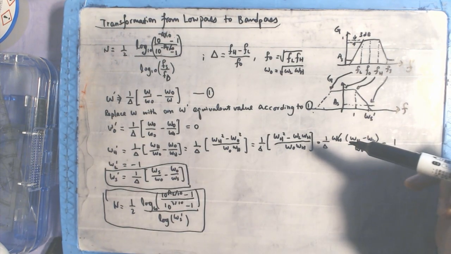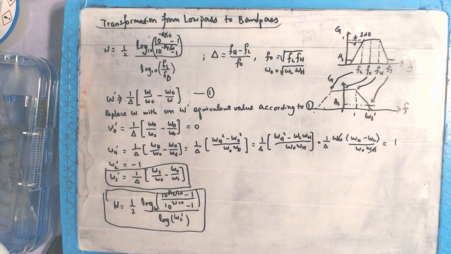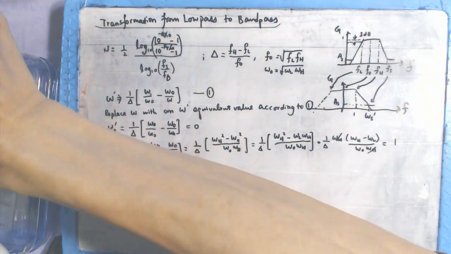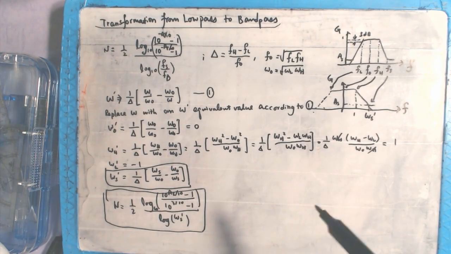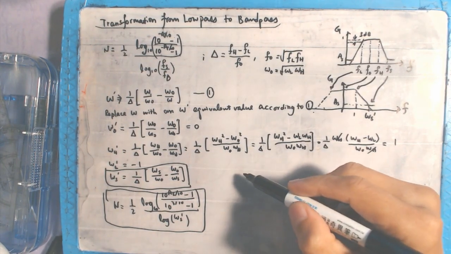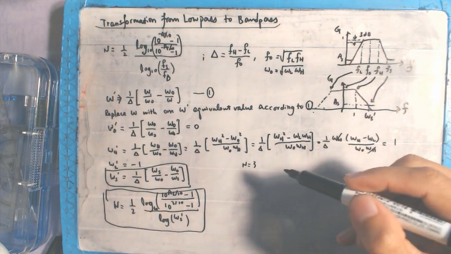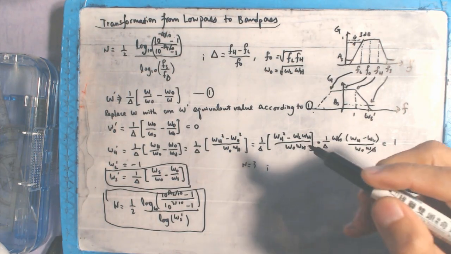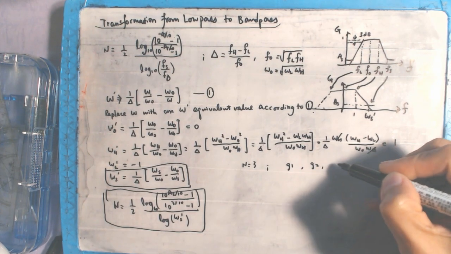Now, another issue about bandpass filter design is the structure, and you might already know that, for example, if the order is three, then you will be able to get G1, G2, and G3 from the prototype table.